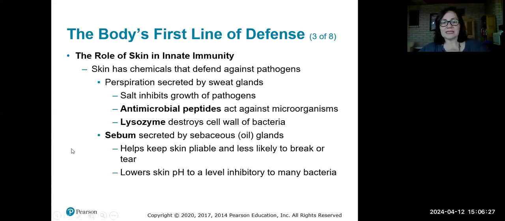The sebum itself, from the sebaceous glands, the oil glands, helps moisturize the skin so it doesn't dry out too much and crack open. And it does help keep the pH of the skin a little bit lower, to inhibit some bacterial growth.